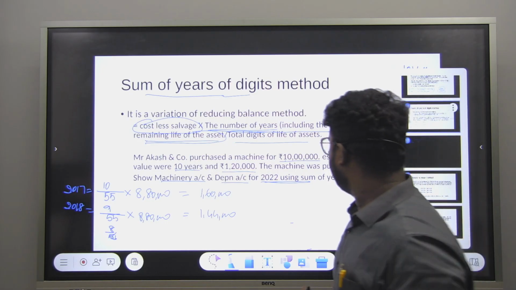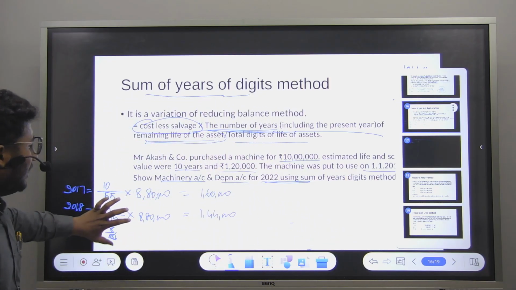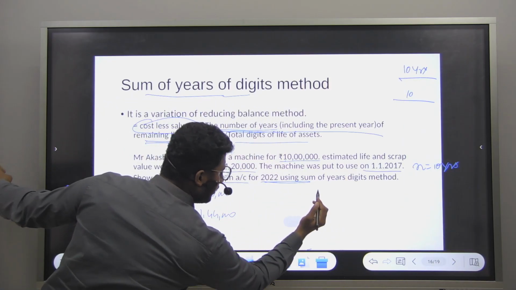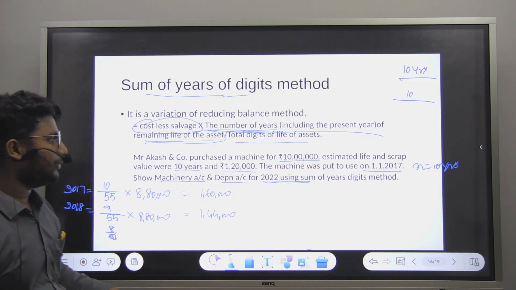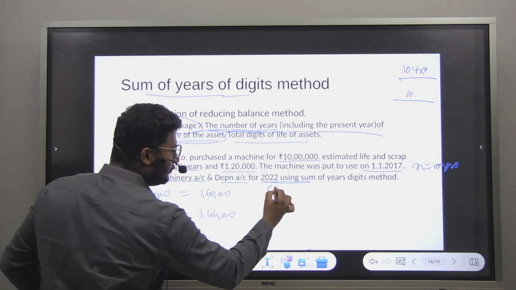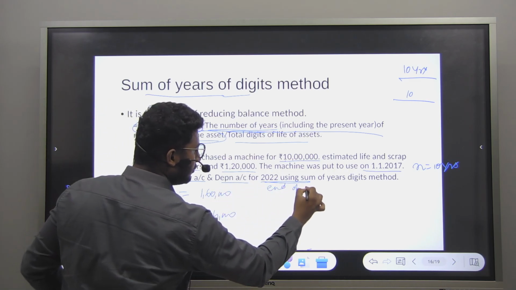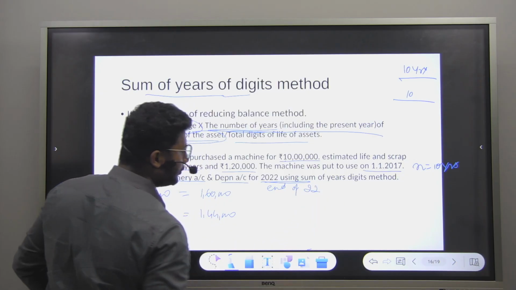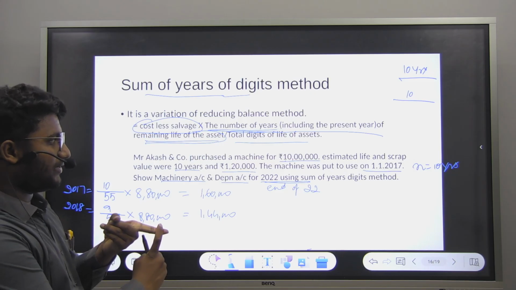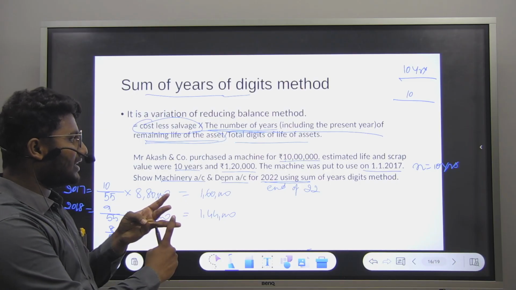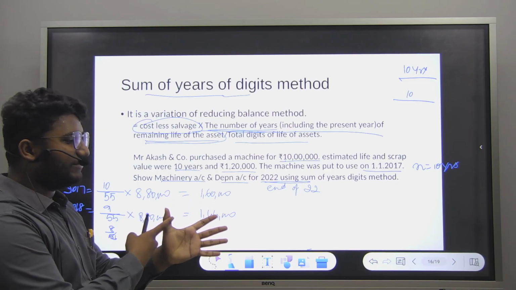It's simple. Count from 2017 to end of 22. How many years have passed? 6 years. So 2017, 2018, 2019, 2020, 21 and 22.